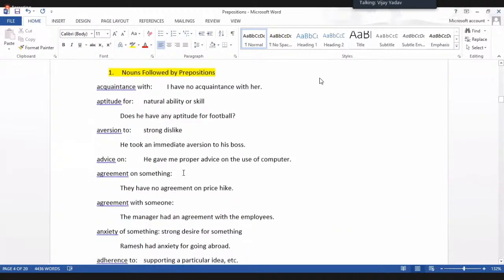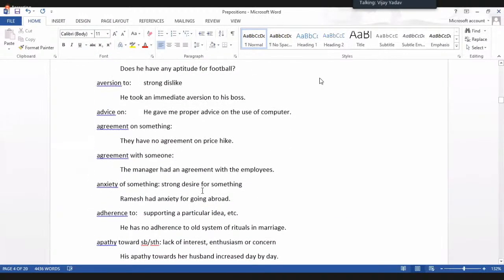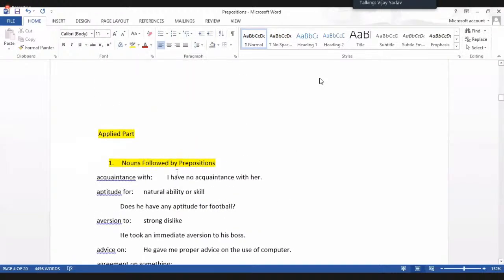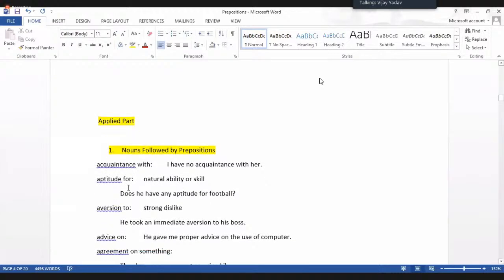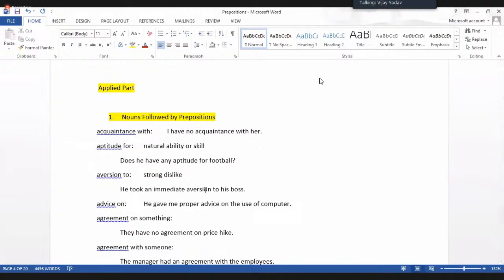What you will be doing is you will read the list 2-3 times. If you read the list and the examples, this is the way you can have a good knowledge of the applied part of prepositions. If you use these words in your technical writing, that will be effective.